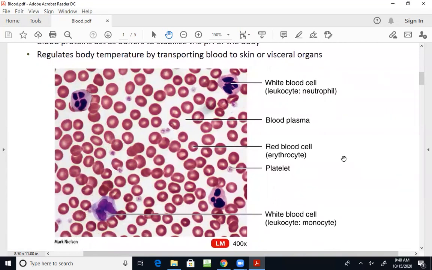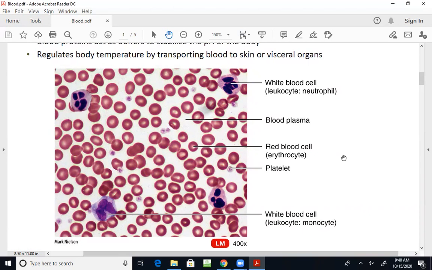Down here at the bottom is a picture that we've actually seen before. It's that same picture that was in the tissues lecture when we first introduced blood. It is a view of a sample of blood under a microscope zoomed in 400 times, showing you the majority of our cells are the red blood cells or erythrocytes that we'll talk about in a couple of slides.